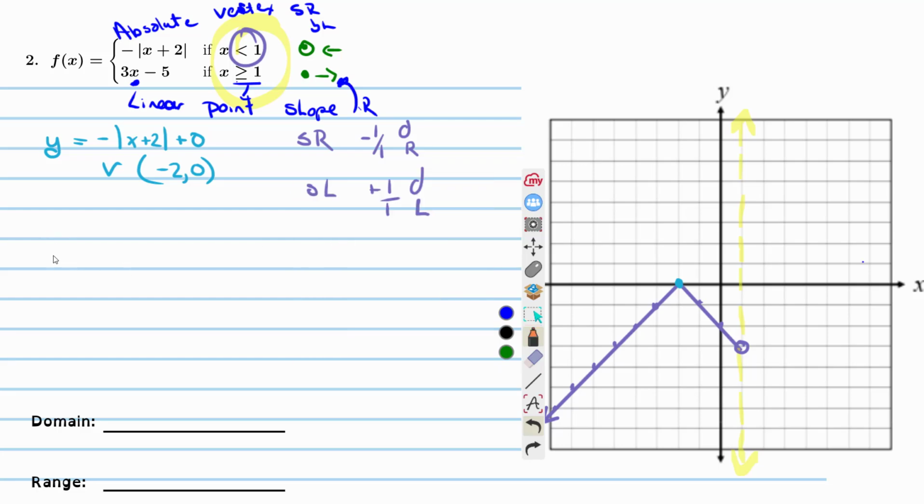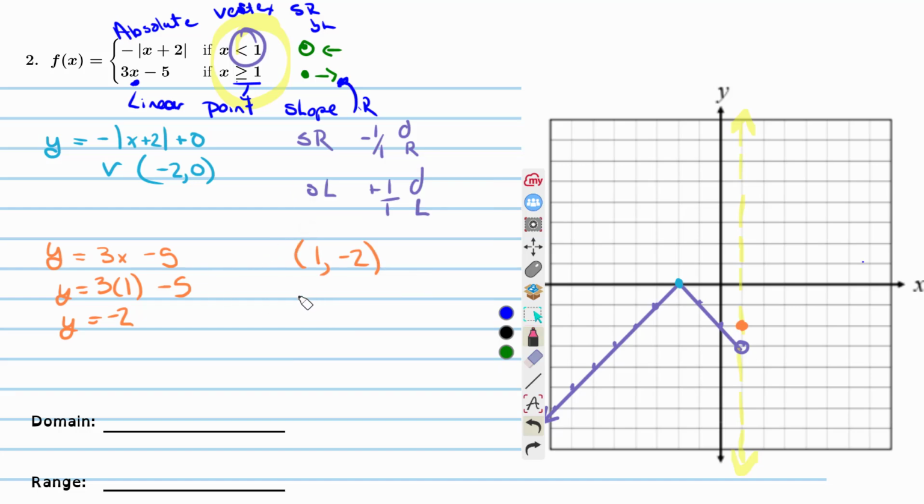We have y is equal to 3x minus 5. And so I first need to find out what's happening at the point whenever x is equal to 1. So y is equal to 3 times 1 minus 5. So y is equal to negative 2. So at 1, I go to negative 2, and I'm going to put a closed dot.